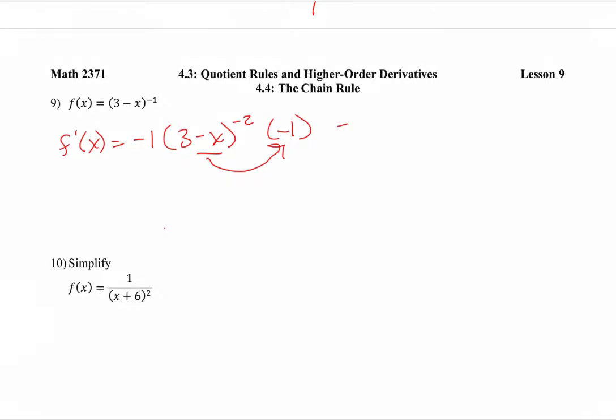So now I have to simplify, because you know how to multiply negative 1 times negative 1, you need to do that. So what I have is f prime of x is simply 3 minus x to the negative 2. All right?